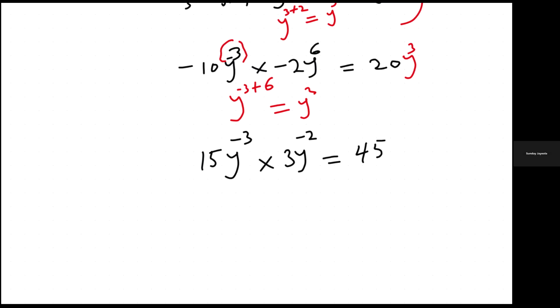Now what is y raised to power this? That's going to be y raised to power negative 3 plus negative 2. When you add the two negatives together, it becomes y raised to power negative 5. So this becomes 45y raised to power negative 5. I think with the examples we've had here, we should be able to answer any question.